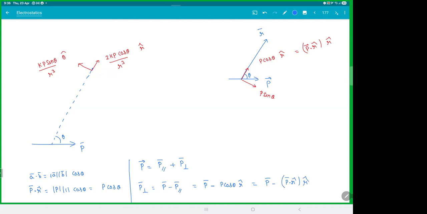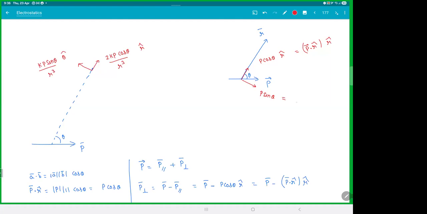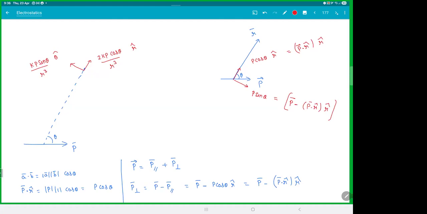So p perpendicular, which is p sine theta, that is this guy, can be written as p bar minus p bar dot r cap into r cap, with an overall minus sign because it's pointing in the other direction. That's your p perpendicular. So you can write p cos theta as this, and p sine theta as this.